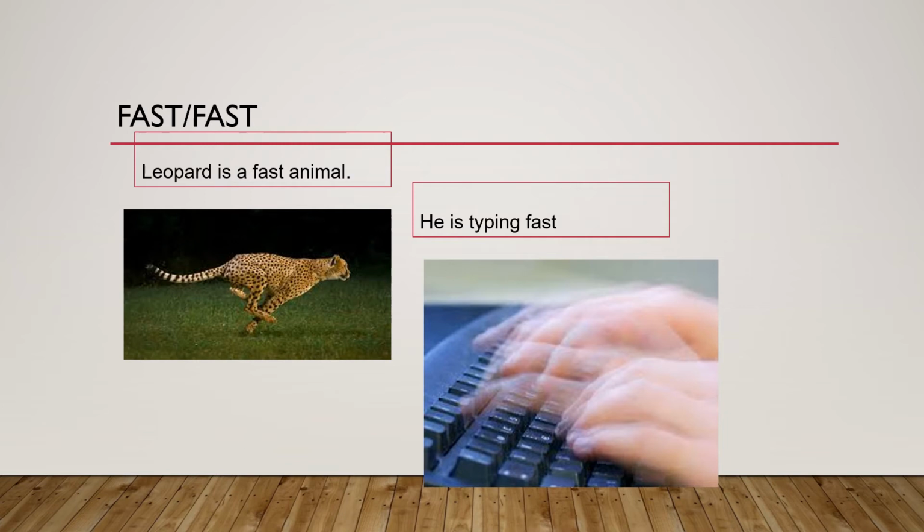A cheetah is a fast animal. We're describing the animal with fast as an adjective. In the second example, we have he is typing fast. Here we're describing how he types, but we have the same word for both.